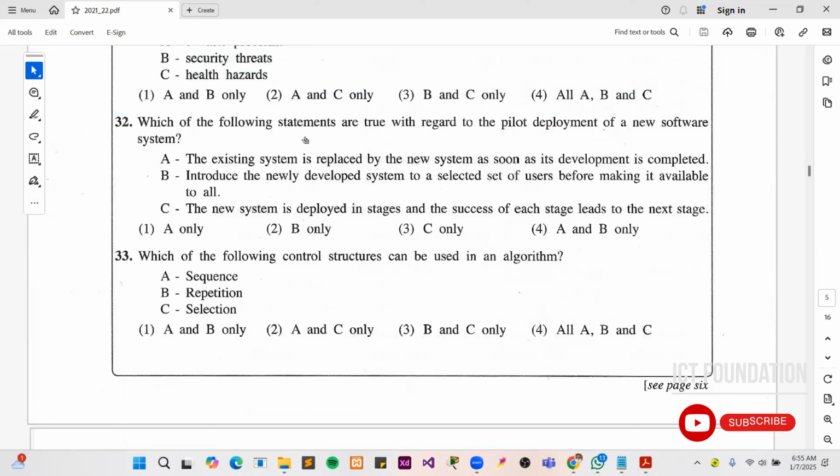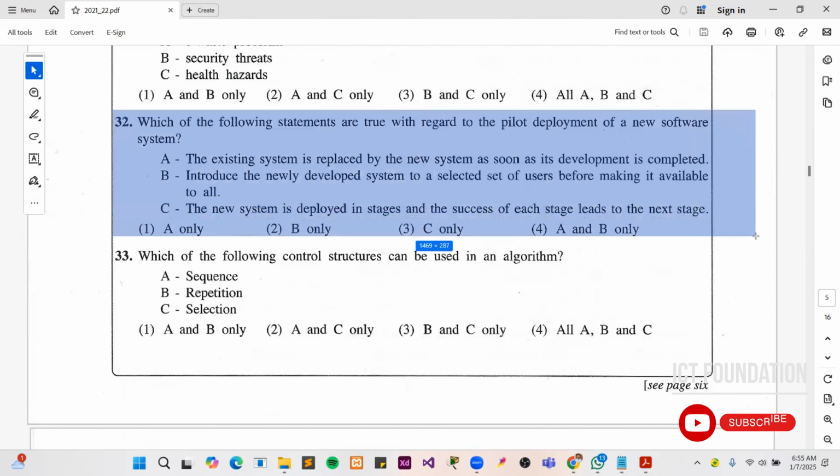Then, moving to the 32nd one, they're asking about some statements. Here I have highlighted this one; you can read it. They're asking which of the following statements are true with regard to the pilot deployment of a new software system. Pilot deployment is a kind of deployment.